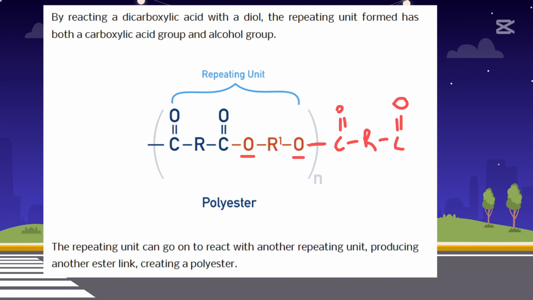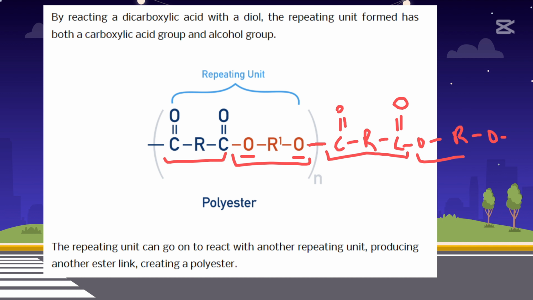And for the alcohol, after we would have added our carboxylic acid, we have to repeat it with an alcohol. So notice that it's going to alternate. So it's the dicarboxylic acid, then the diol, then the dicarboxylic acid, then the diol. Right, so it's just going to continue and continue.